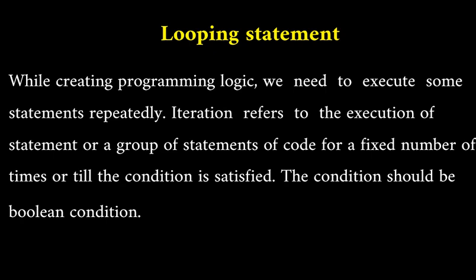The loop will execute the statements in the statement block till the condition is true, and when the condition becomes false, control is transferred out of the loop and it will execute the remaining program. The condition should be a Boolean condition.